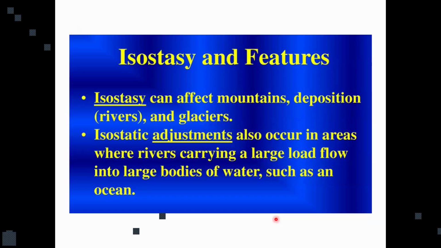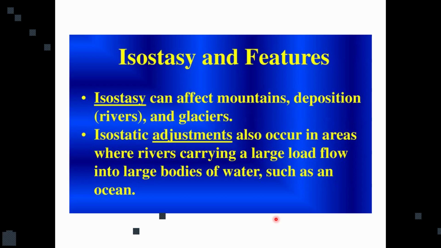Some of the features of isostasy will be discussed now. Isostasy can affect mountains. That is, a mountain that we saw maybe 40, 50 years ago might have grown taller, or it can grow shorter.